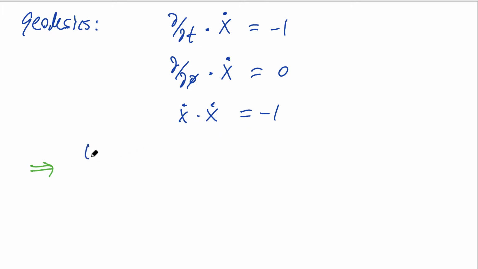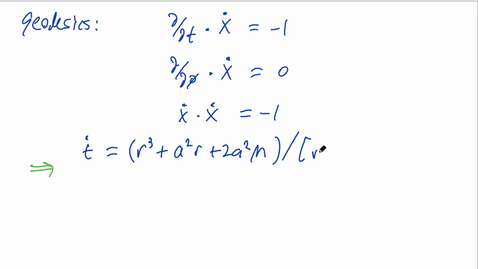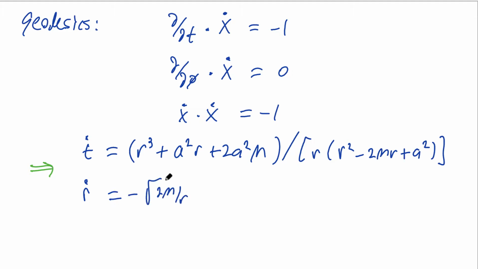The results are t dot equals r cubed plus a squared r plus 2a squared m, divided by r times r squared minus 2mr plus a squared. r dot is equal to minus the square root of 2m over r times the square root of 1 plus a squared over r squared.